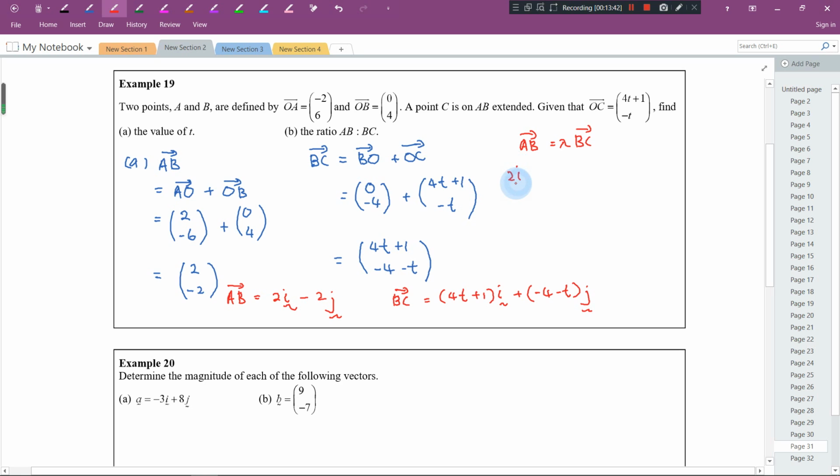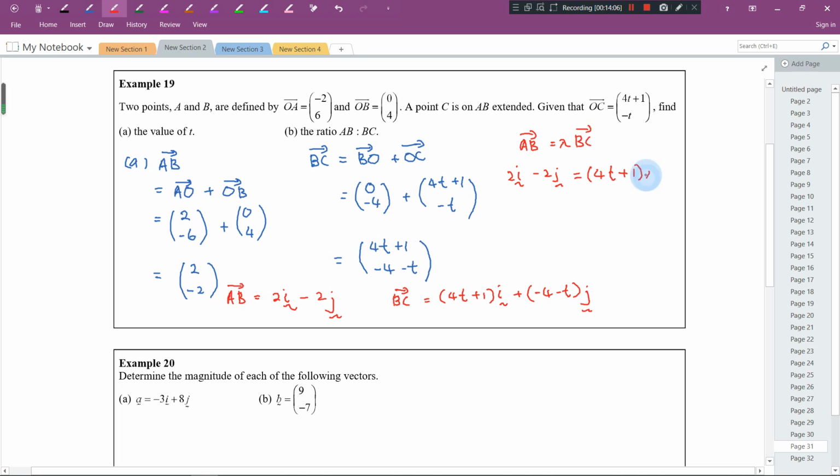So 2I minus 2J. So here you have a lambda times this whole thing. So it means that here will be 4t plus 1 lambda and negative 4 negative t lambda, right?